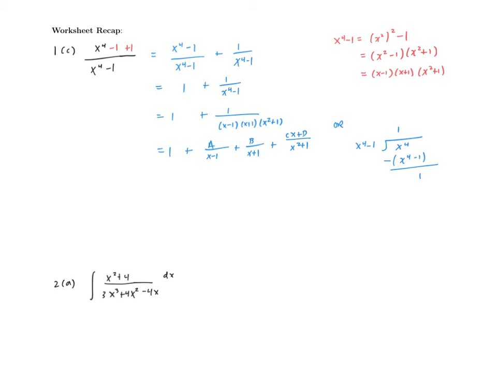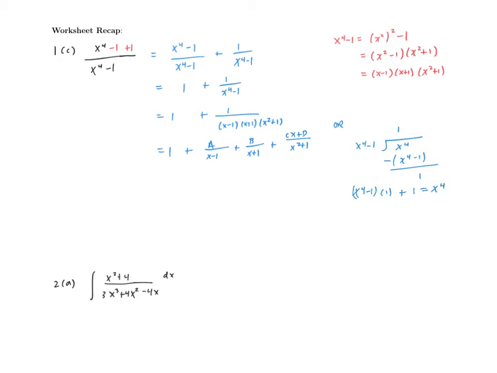And this makes perfect sense, because what it's telling us is if we multiply together x to the fourth minus 1 and 1, and add the remainder, we get x to the fourth. So x to the fourth minus 1 times 1 plus 1 is x to the fourth.